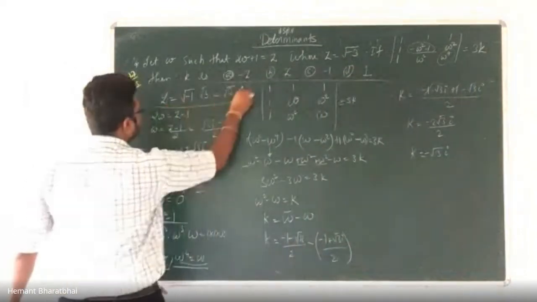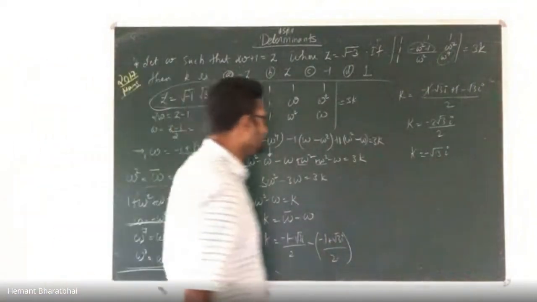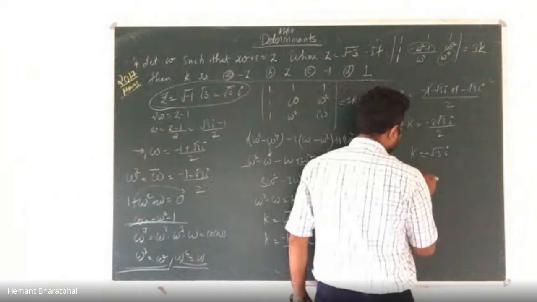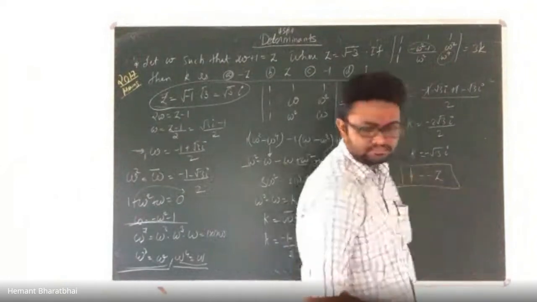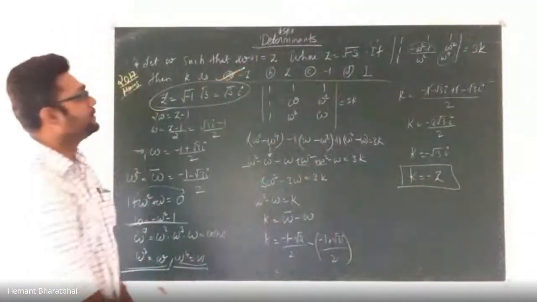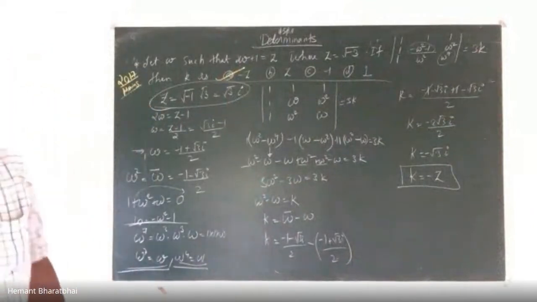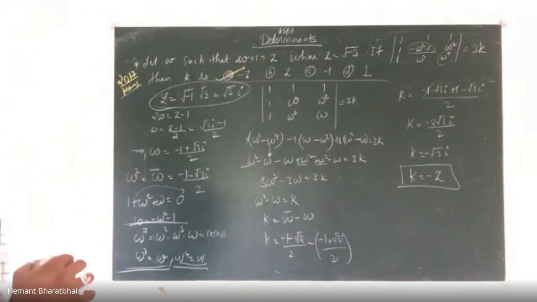And our z is nothing but root 3i. So instead of root 3i, I can put z and I'll get k is equal to minus z. Therefore, our answer is option number A. We had to find out the value of k which is satisfying the given determinant, and we have successfully found the value to be minus z.